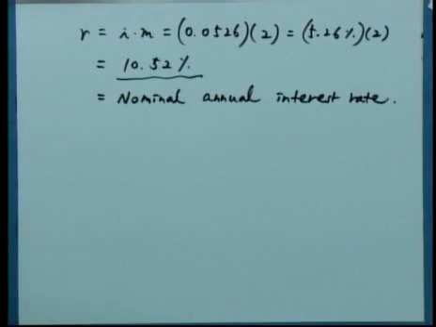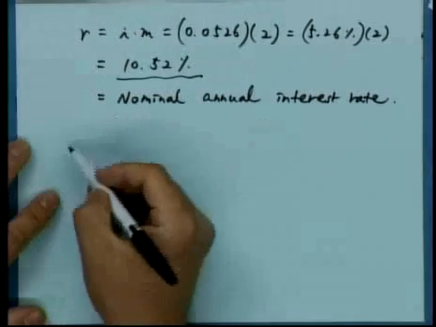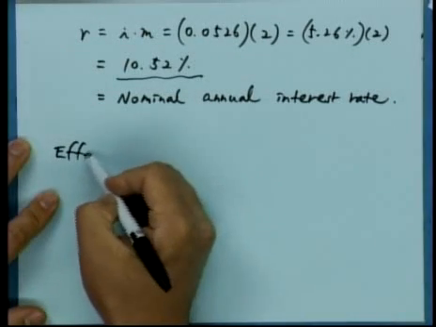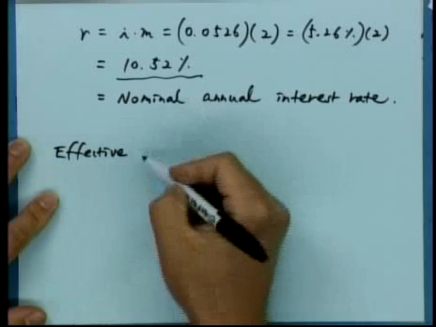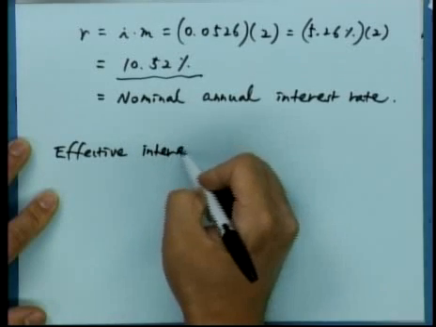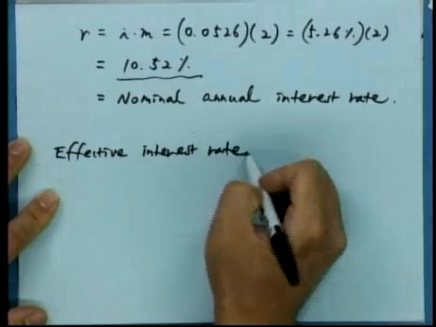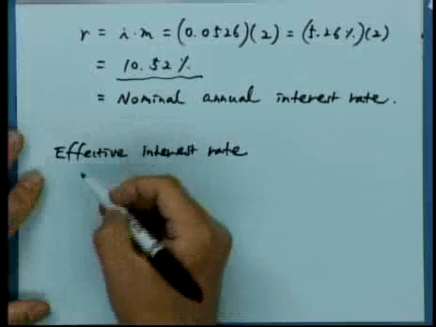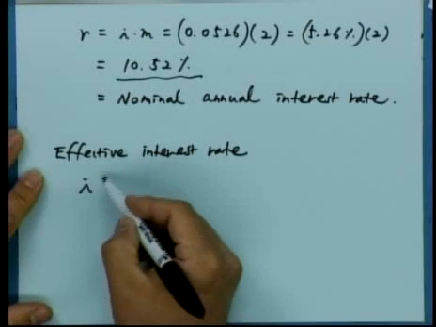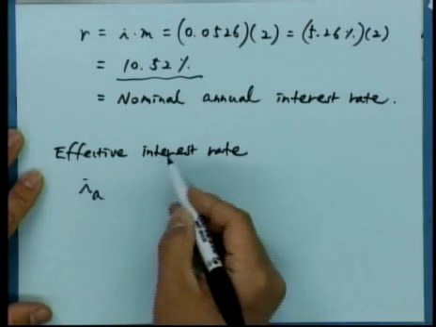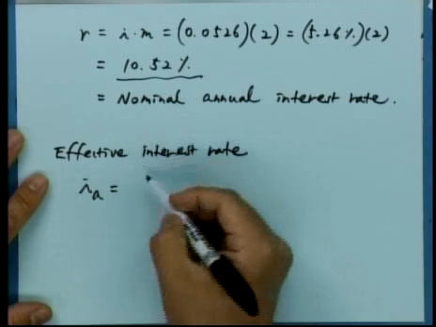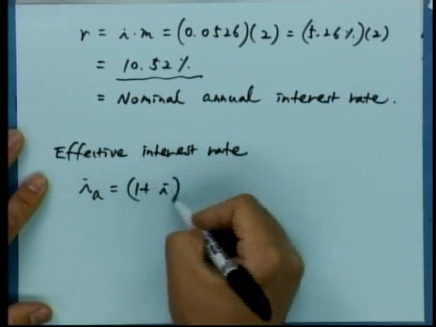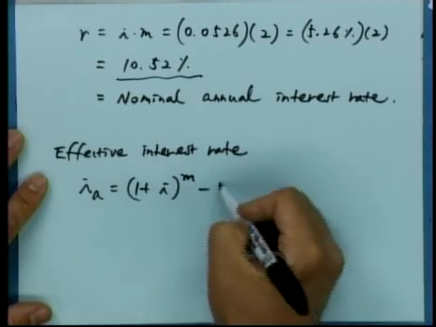Then how would you get the effective interest rate? Effective interest rate, which is represented by I sub A, is equal to 1 plus I to the power M minus 1.